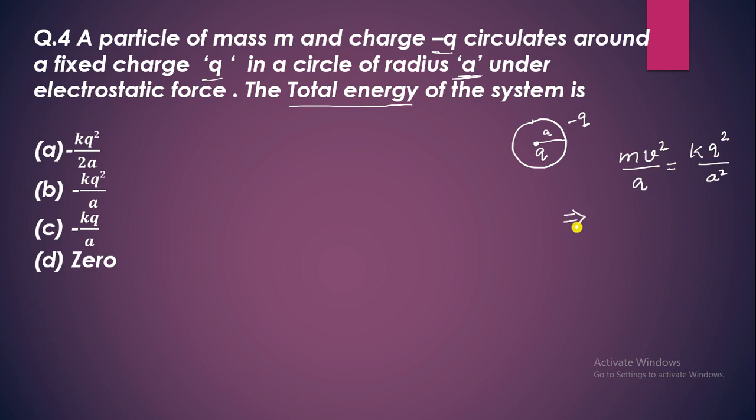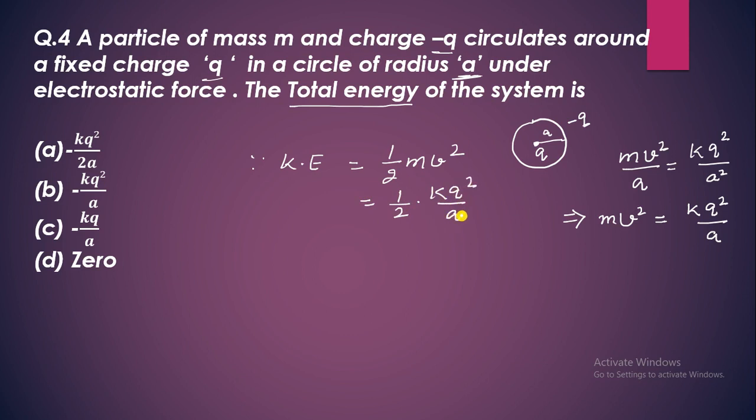So this implies v square is equal to k q square by a into m. We can also calculate mv square, because for the requirement of potential and kinetic energy, the kinetic energy of the system is equal to half mv square. Then the value of kinetic energy is half k q square by a.